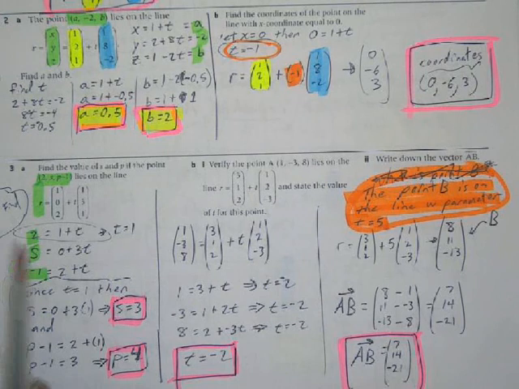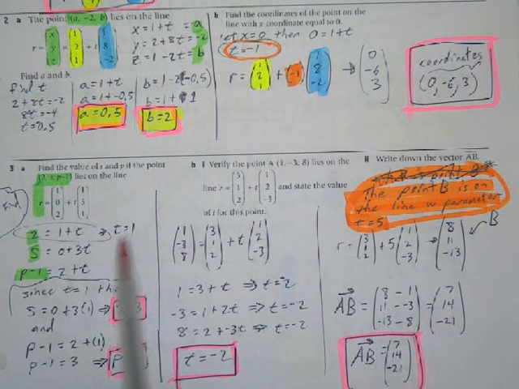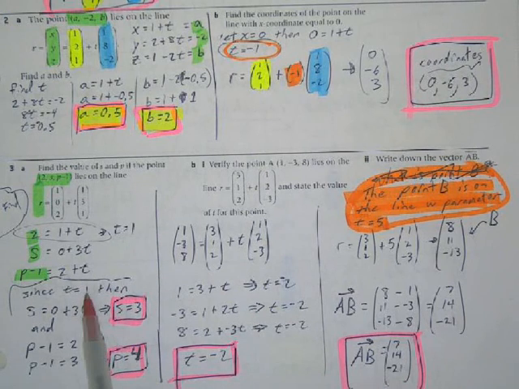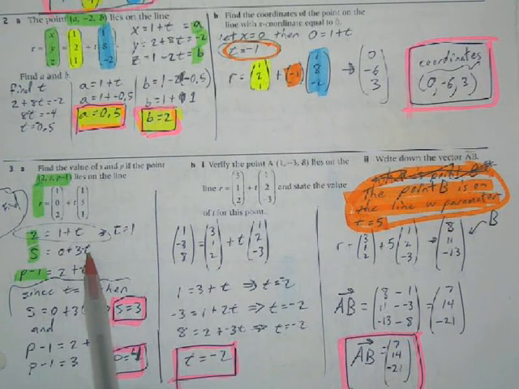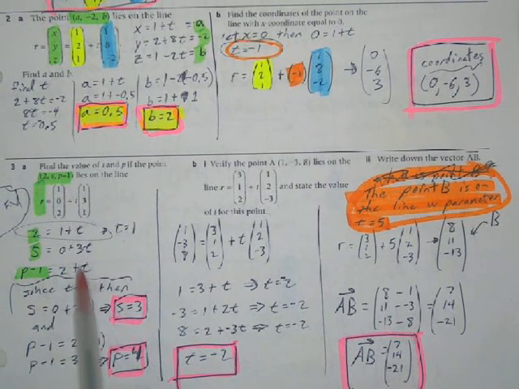If I have 2 equals 1 plus t, we could subtract 1 on both sides, and we get t equals 1. Now, if I know t equals 1, I could plug in 1 in here. So I have s equals 3 times 1 if I replace t with 1, and so now I know s. If I replace t with 1 in here, I have p minus 1 plus 2 plus 1, and then I end up with my p-value.